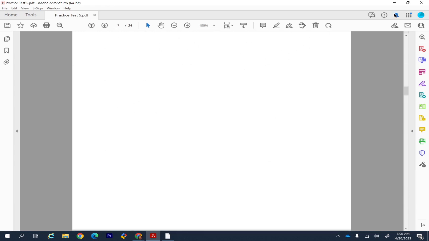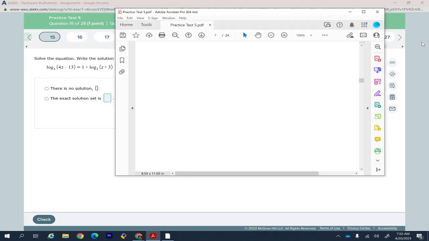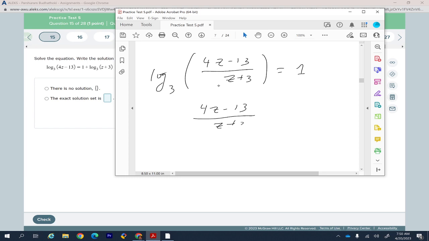So that equation can be written as log base 3 of (4z minus 13) divided by (z plus 3) equals 1. This is a logarithmic equation. You can always change this equation to the exponential. So you can write this as (4z minus 13) over (z plus 3) equals 3 to the power 1.